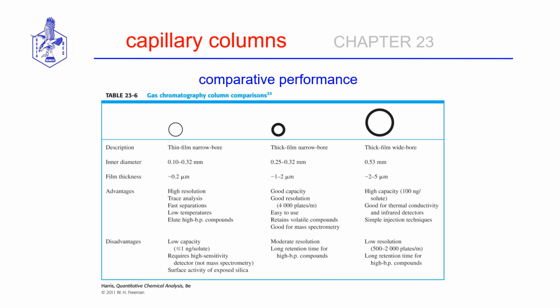So let's compare the performance of the options that we have with our capillary columns. First we have the option of what's known as a thin film narrow bore column. As the name implies, the amount of stationary phase coated on the inner surface is a thin film, so there's not a whole lot of stationary phase material there.